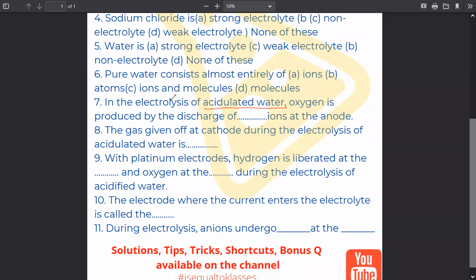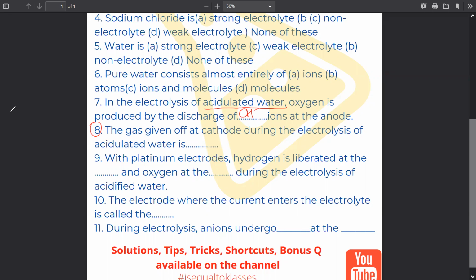Okay. So in the electrolysis of acidulated water, oxygen is produced by the discharge of dash ions at the cathode. So the correct answer would be OH ions. So moving on to the eighth question, the gas given off at cathode during the electrolysis of acidulated water is.